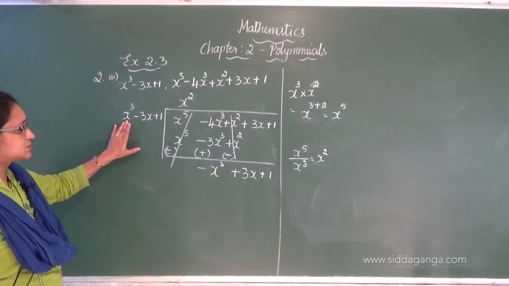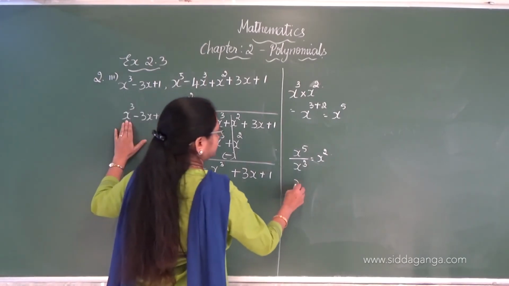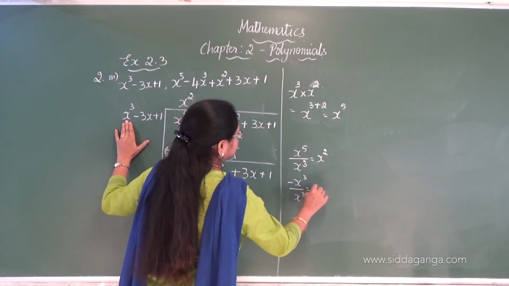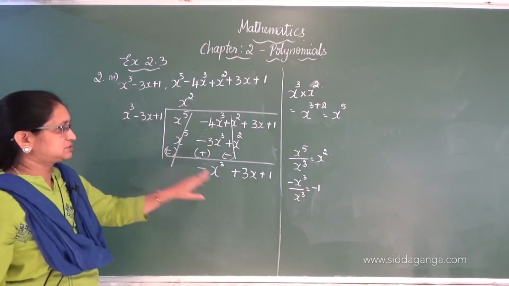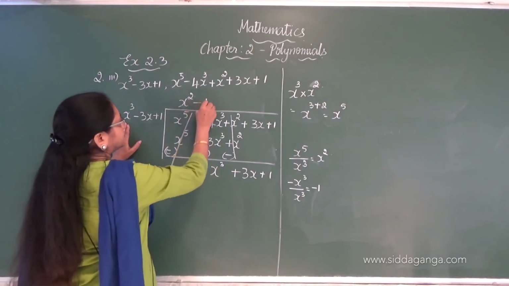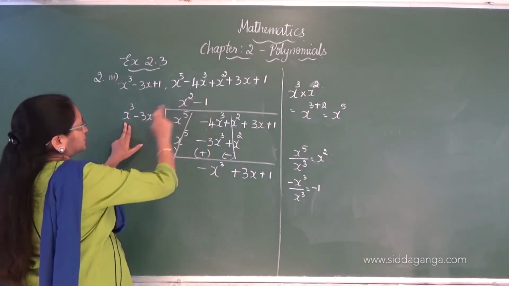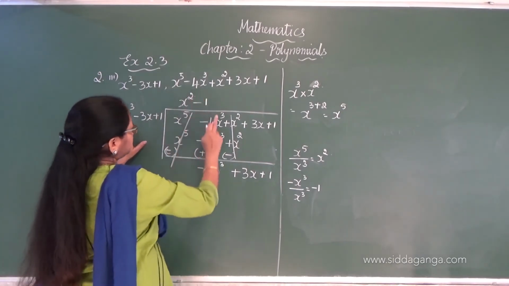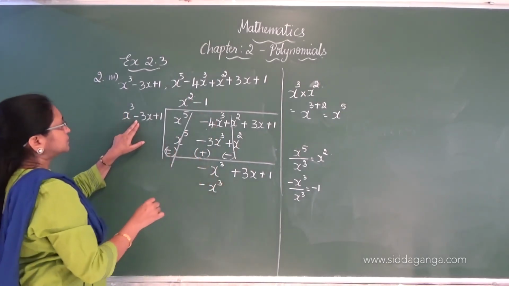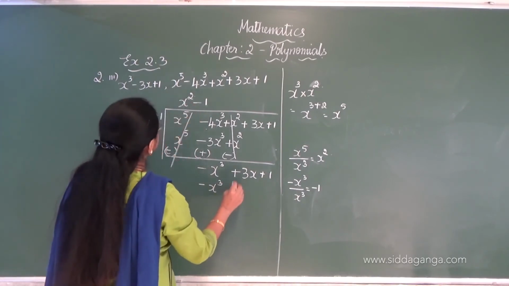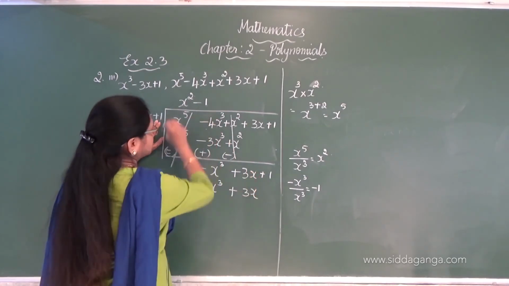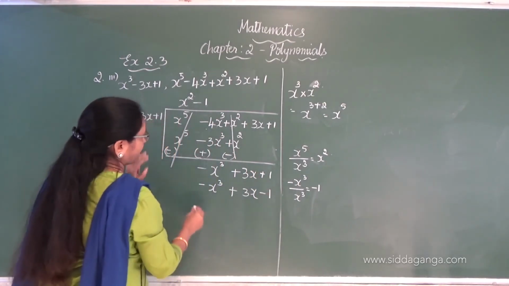Now you see x cube. So again divide minus x cube by x cube. So you will get minus 1. See here, minus 1 remains. Now you multiply the whole polynomial by minus 1. So this you will get x cube minus into minus plus 3x plus into minus 1.